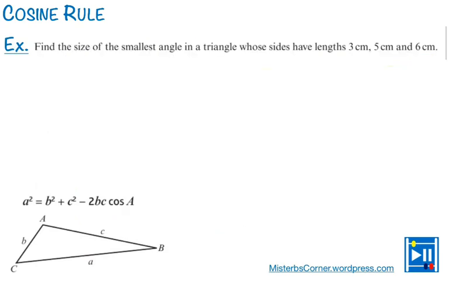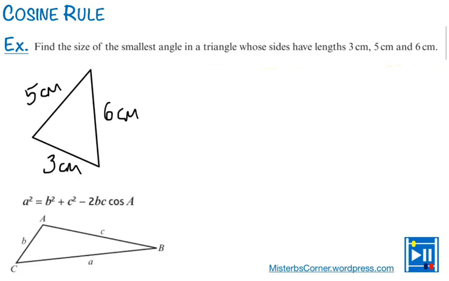Now let's look at this example. It says find the size of the smallest angle in a triangle whose sides have lengths 3, 5 and 6 centimeters. So if we sketch it, it's going to look like this, right? So you have to know that the smallest angle has the smallest side across it, and the biggest angle has the biggest side across the angle, right?